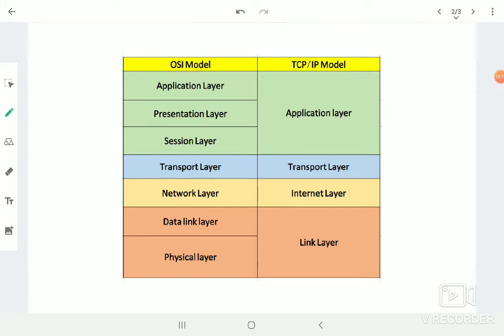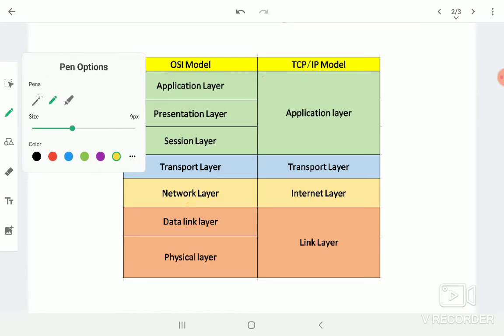Okay, so the next up is the transport layer, and it is one of those few layers which is common between the OSI model and the TCP/IP model. You can clearly see over here. I think the choice of the pen color is not that great, so let me choose a different color pen.